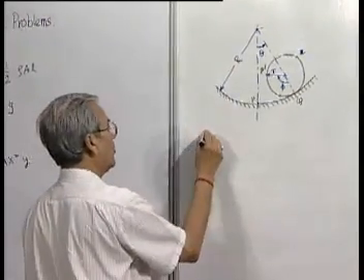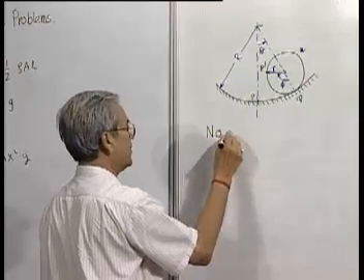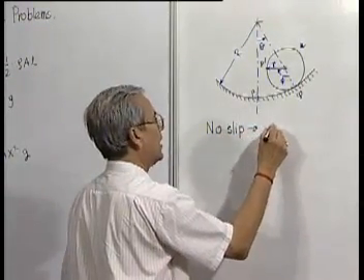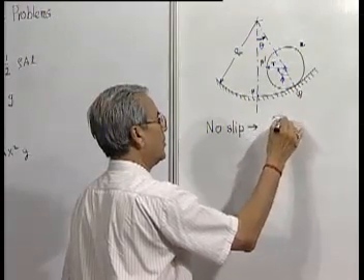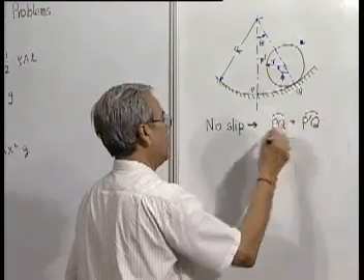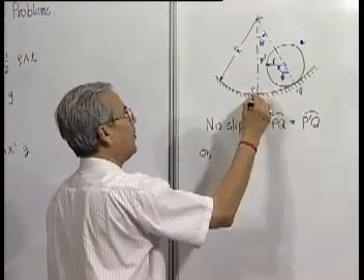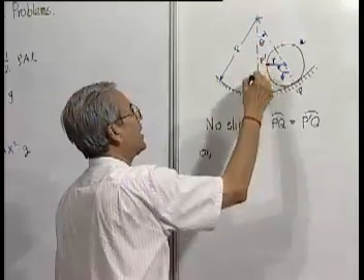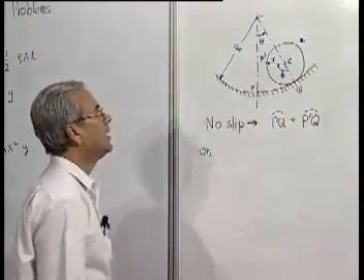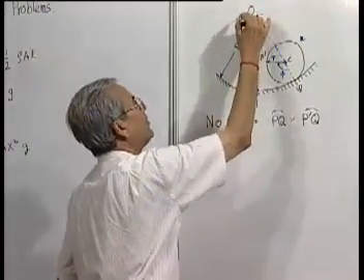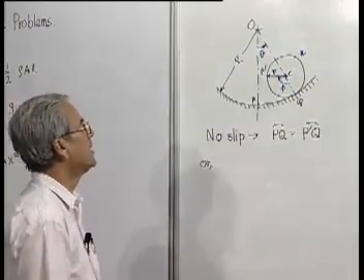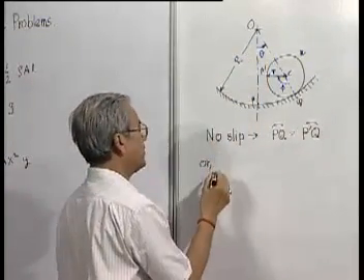So, the no slip condition tells us that R times PQ will be equal to R P prime, or how much is this? This is capital R into theta. Theta is the angle of the line joined from the center of the fixed cylinder O to the center of the moving cylinder C. That theta tells us the position.